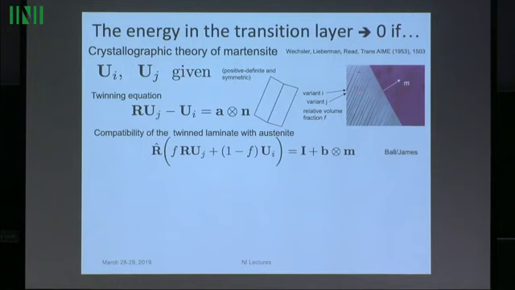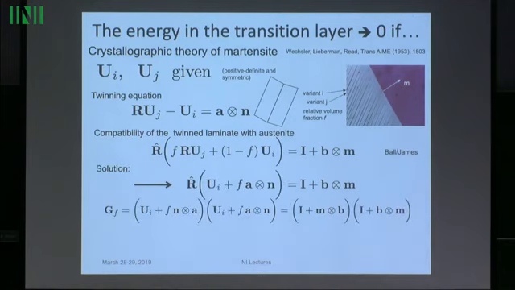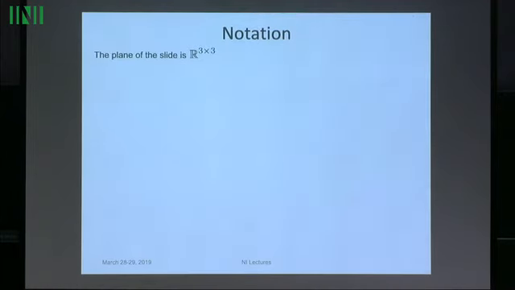So it's a very simple condition. You take the average deformation, you take its gradient, it has to be compatible with this. That kind of makes sense, right? That should be the condition under which you can drive the energy in this transition layer to zero. Okay, and then we're going to talk about the solution in a little while, but that's for now.